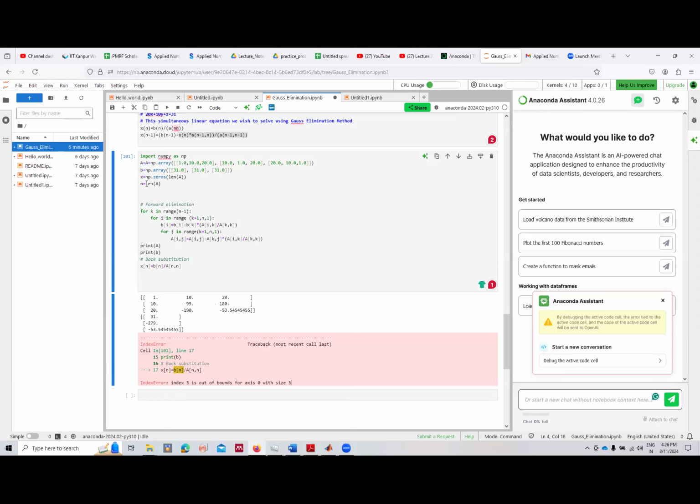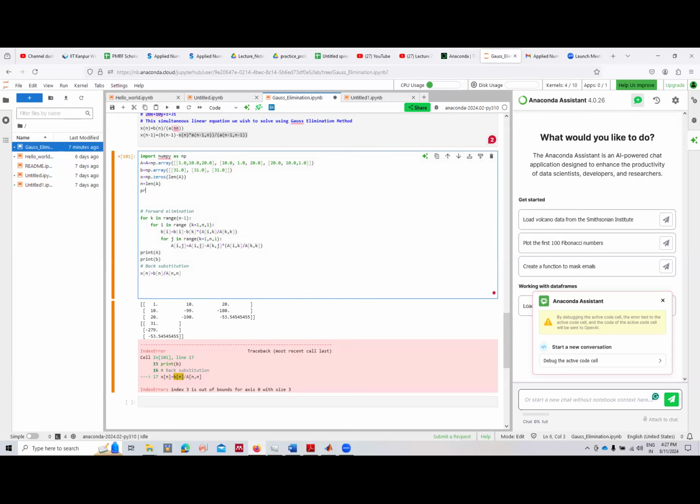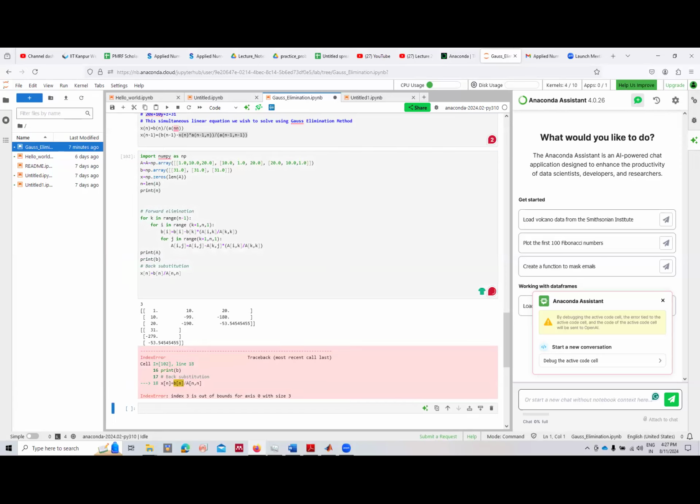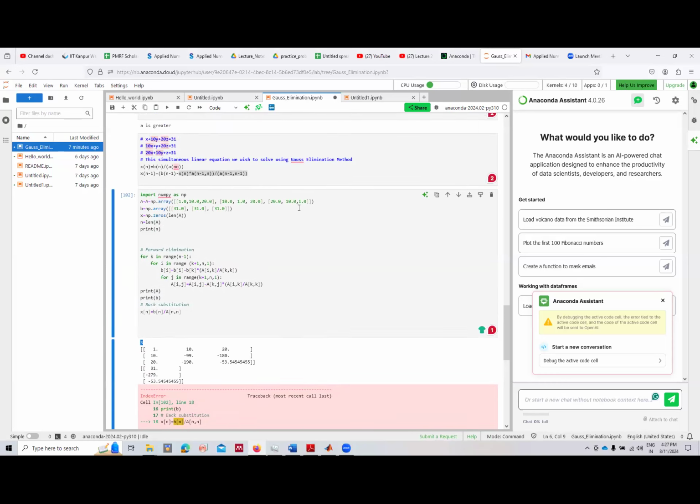So if I simply print here n and shift enter, it has printed the value n as 3. But since indexing starts from 0, my first row was 0th row, second row was first row, and third row was second row. So that's why I need to write here n minus 1, means the last row, this is the last row, last column.